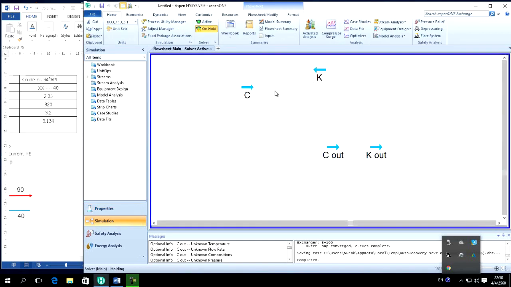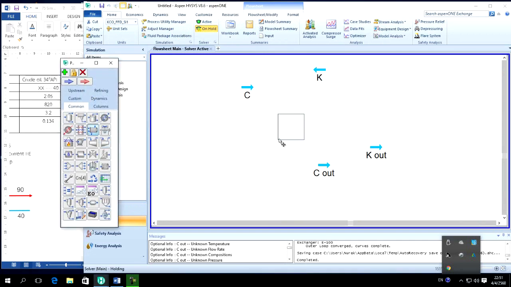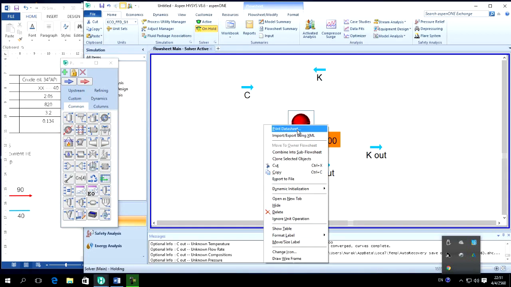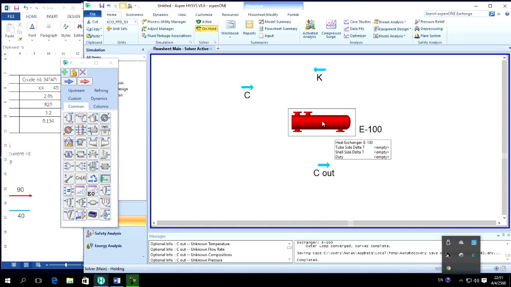This is what I put here as crude, kerosene, crude out and kerosene out. Then I place the heat exchanger, change the icon, and then we have to consider which one should be in the tube.